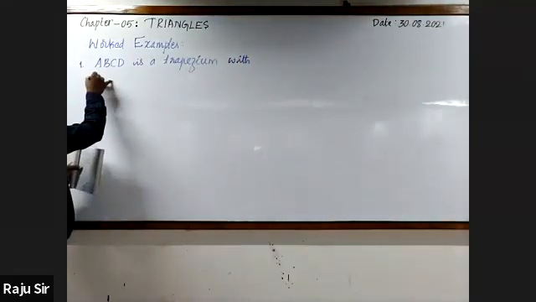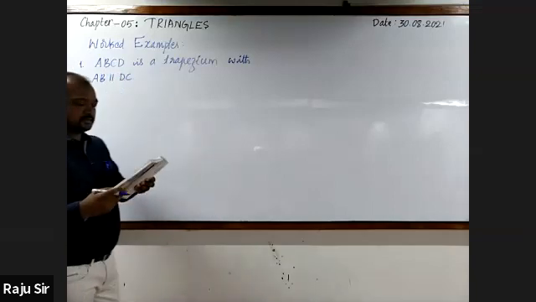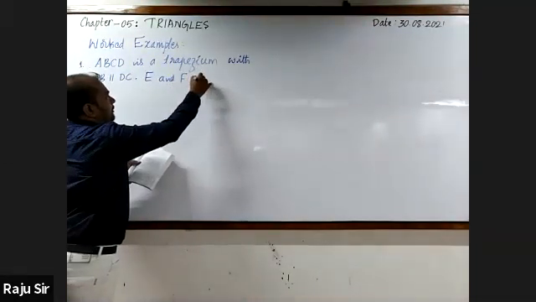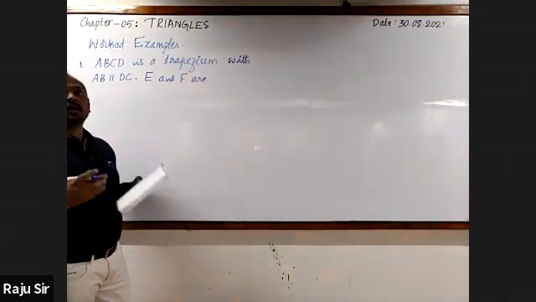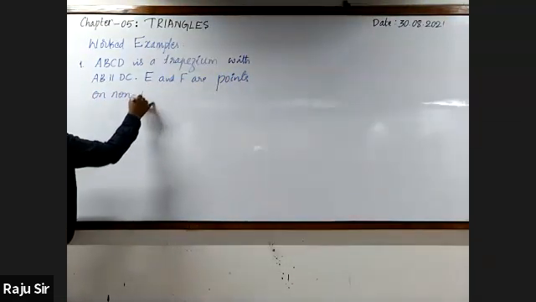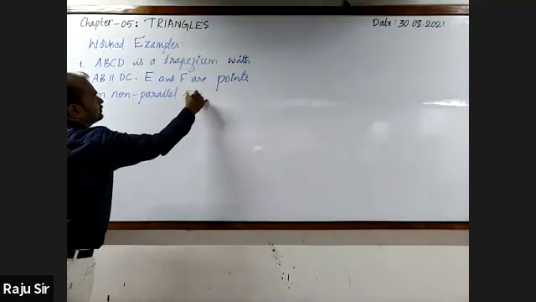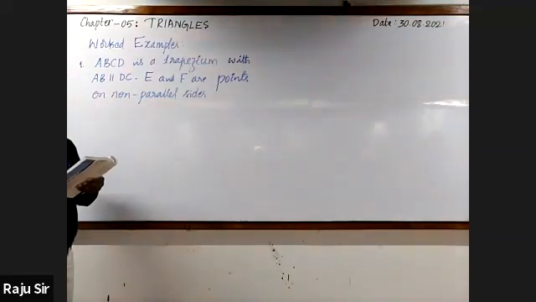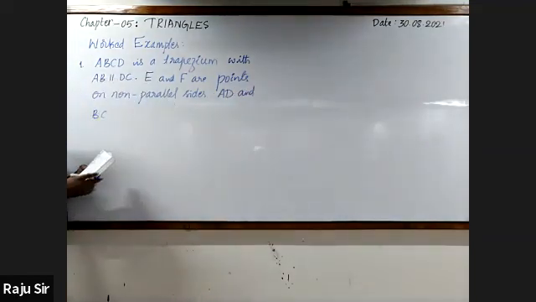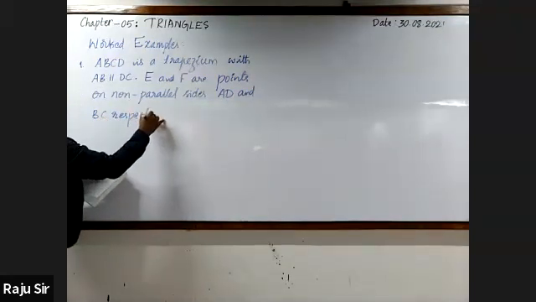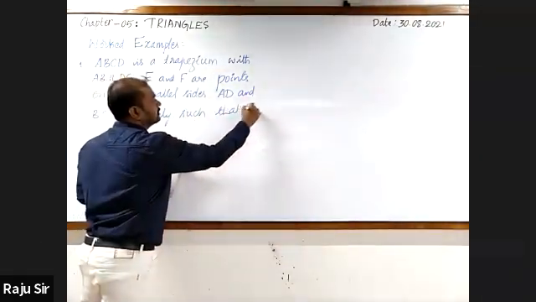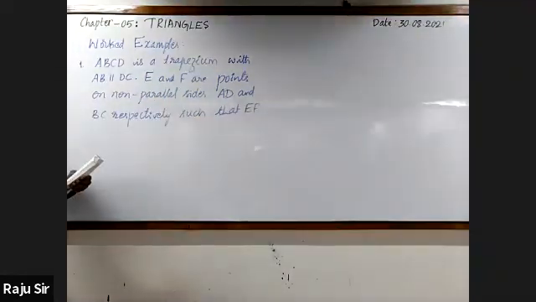E and F are points on non-parallel sides AD and BC respectively, such that EF is parallel to AB.